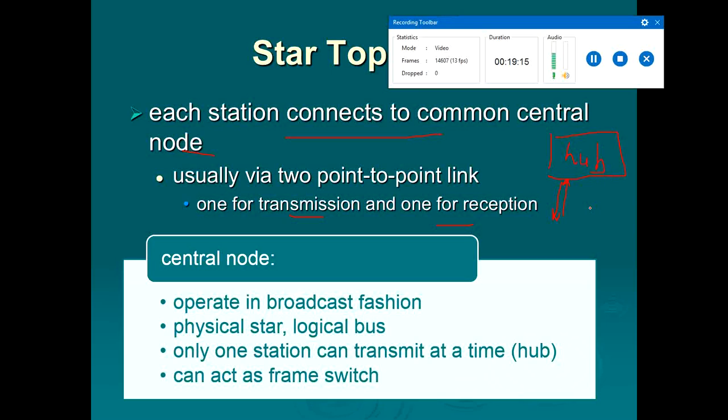But it can also act like a frame switching device. In that case, the incoming frame is buffered in the node and then transmitted on the outgoing link to the destination station. These are the two approaches in which a hub can work for the star topology.